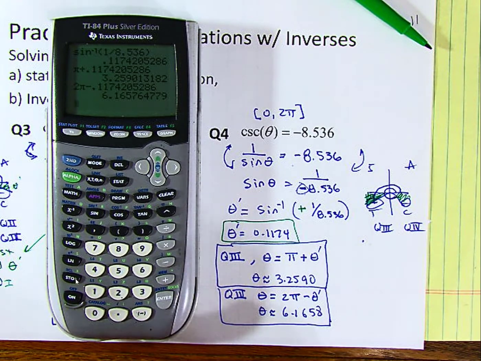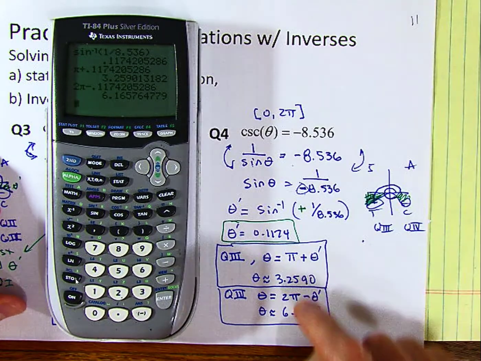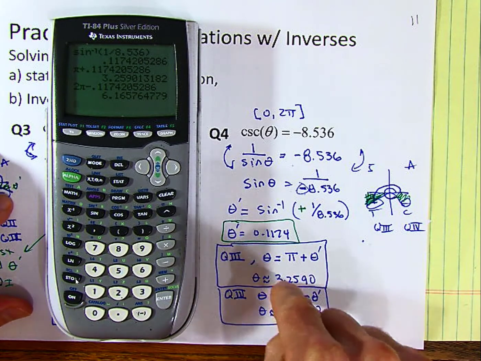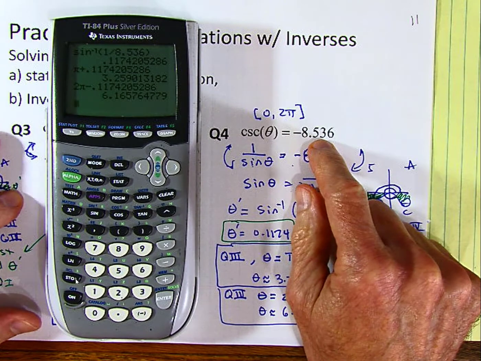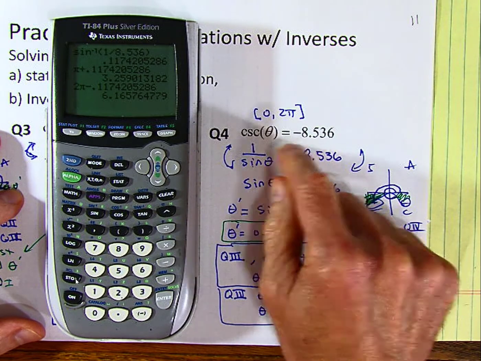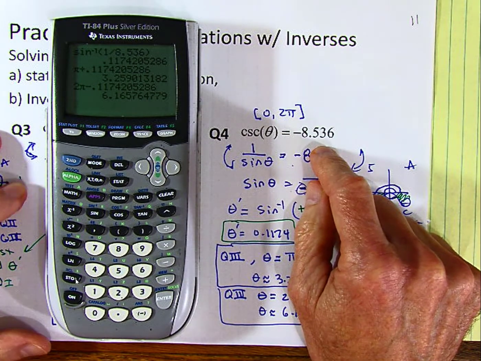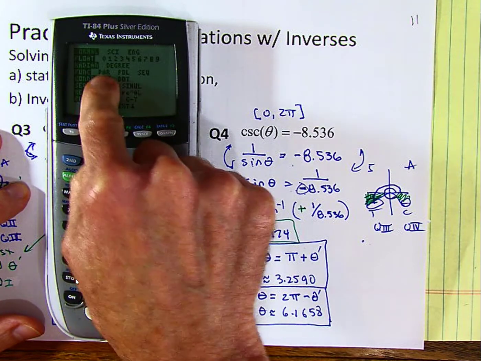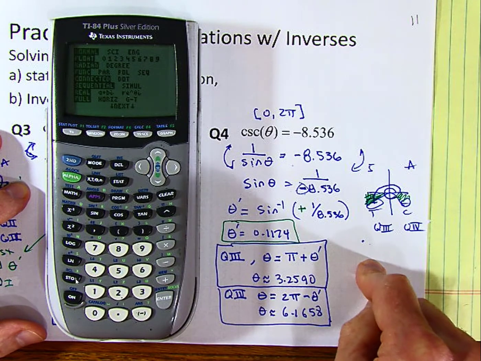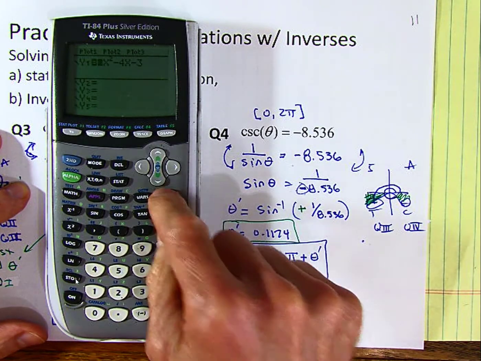Okay, real quick. Let's say I want to check this. And I can check this with an intersection strategy. I'm going to graph this and see where it intersects. So I have to be in radian mode. I am. I have to be in y equals.